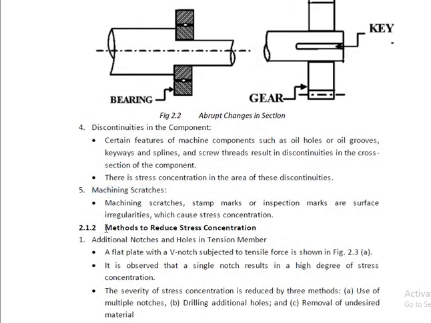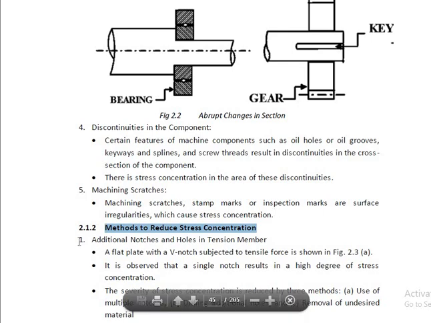We have seen the methods of reduction of stress concentration. Again, keep in mind, we can't reduce the stress concentration 100%, but we can reduce its intensity. We can reduce the localization of the stresses at a particular point.